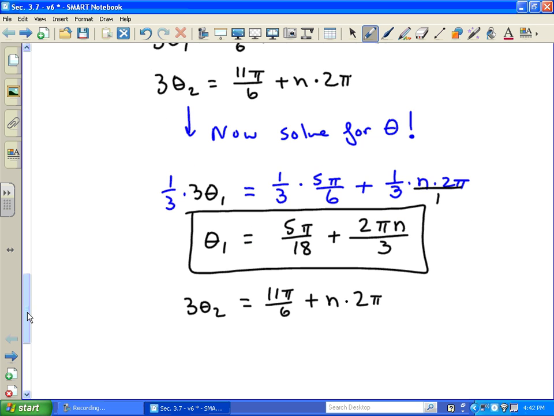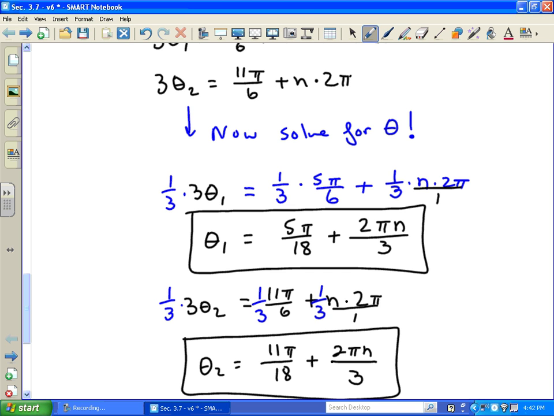Multiply that by 1/3. So I'll do a 1/3 in front of each of those terms. So that will result in theta sub 2 equaling 11 pi over 18 plus, and I'll reorder this as I did the other one, this will be 2 pi n over 3. And that is the other solution.